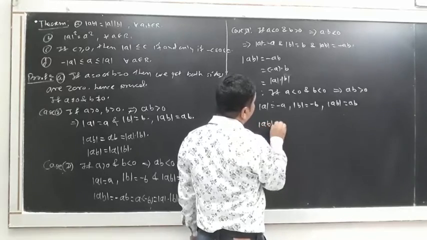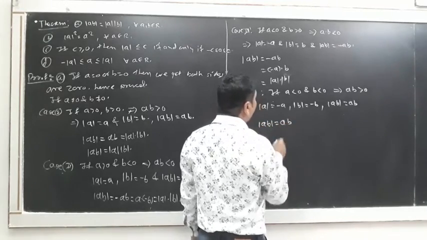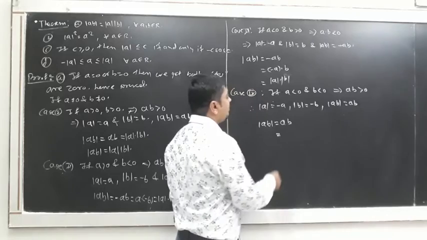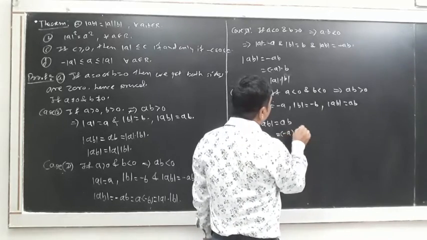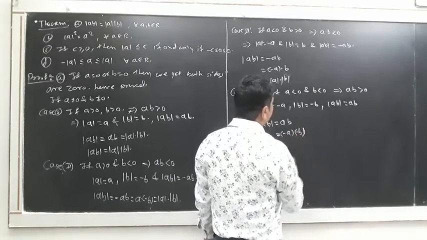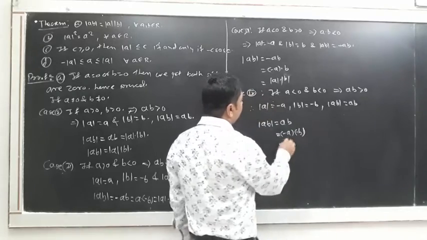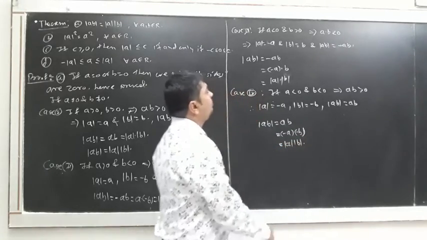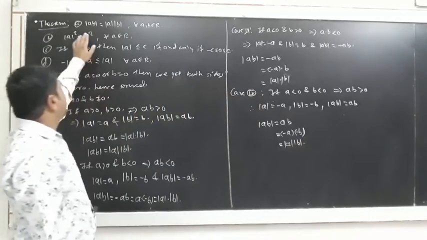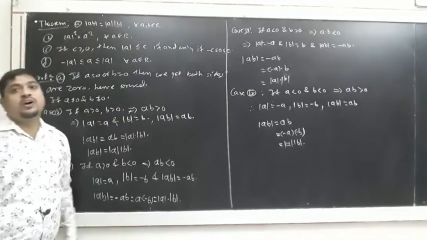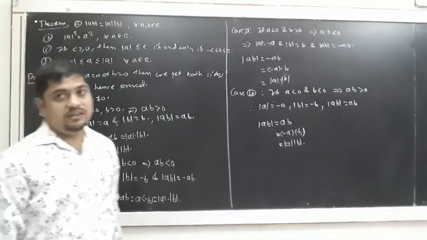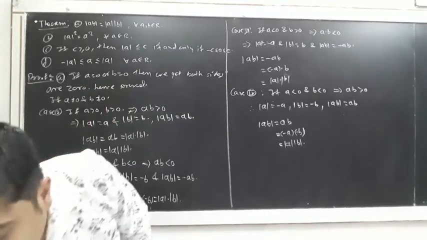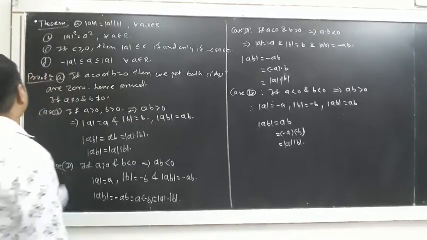Mod of AB is equal to A into B, and we can write it in the form of minus A into minus B, and it is equal to mod A into mod B. That is, for all cases we prove that mod of AB is equal to mod A into mod B. Okay, getting this? Now we have to prove the second one.